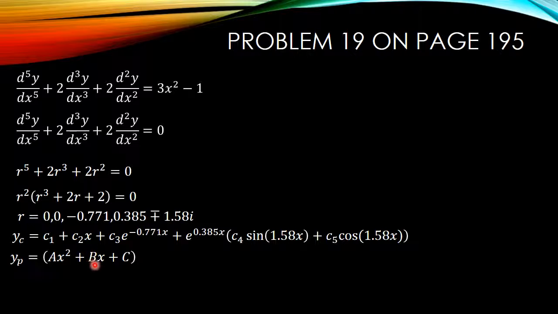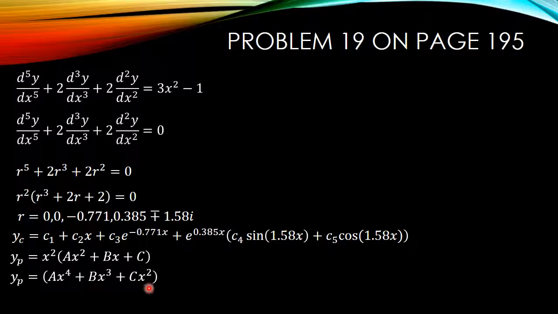I have some constant times x. So that shows up right here. So we have to eliminate that by multiplying by enough factors of the independent variable to get any part of the complementary solutions out of the particular solution. So I would have to multiply by x squared to do that this time.